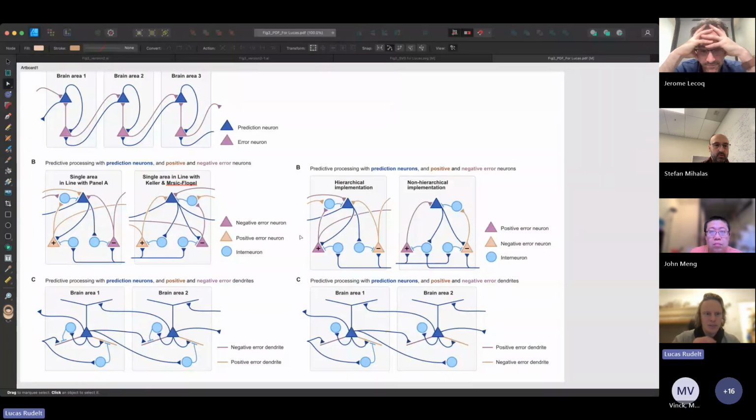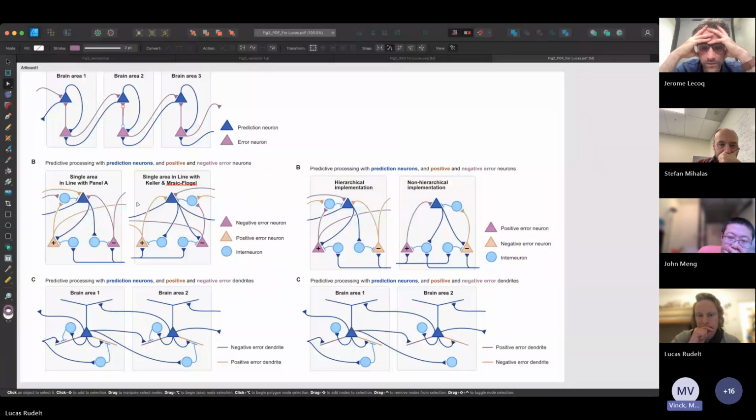Yes. Okay. So what I would suggest is to take the left-hand side of this B, or actually, sorry, the hierarchical implementation, this one, and then we essentially repeat it. So we kick out this part and just add this to show how these are interconnected, like it's shown in A. So in B, it might be clearer if you replace those feed-forward connections and just merge them into an abstract arrow, so that you make it sort of fake how that's actually connected inter-areally, because we don't know, right?